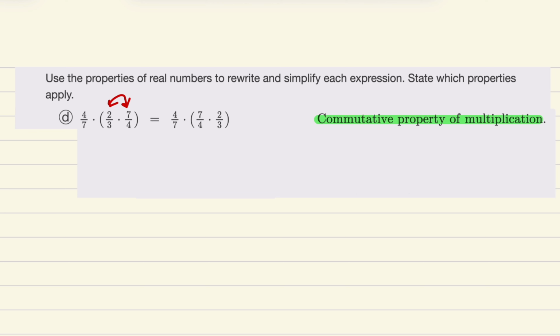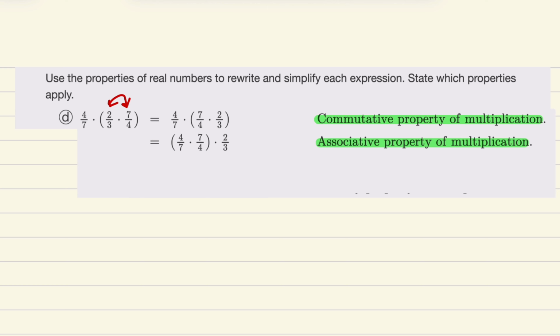From here, it would be nice to move those parentheses to the first two numbers being multiplied. Again, the only thing we changed was moving the parentheses, and moving the parentheses is the associative property of multiplication.